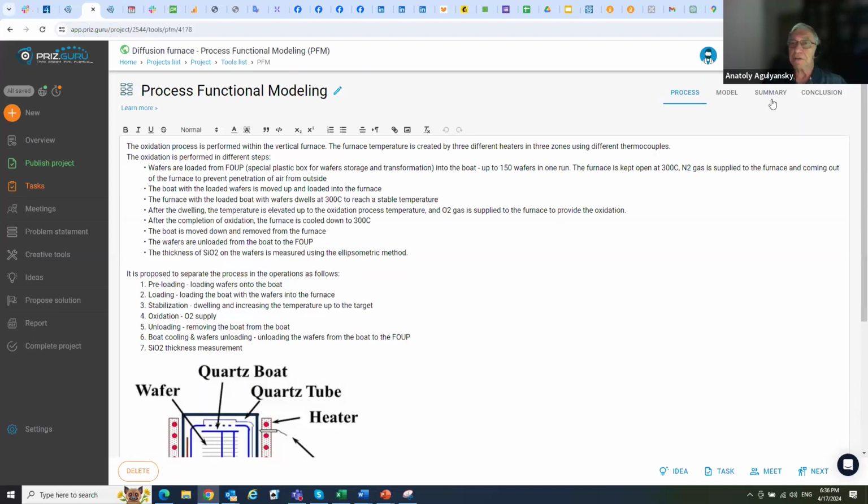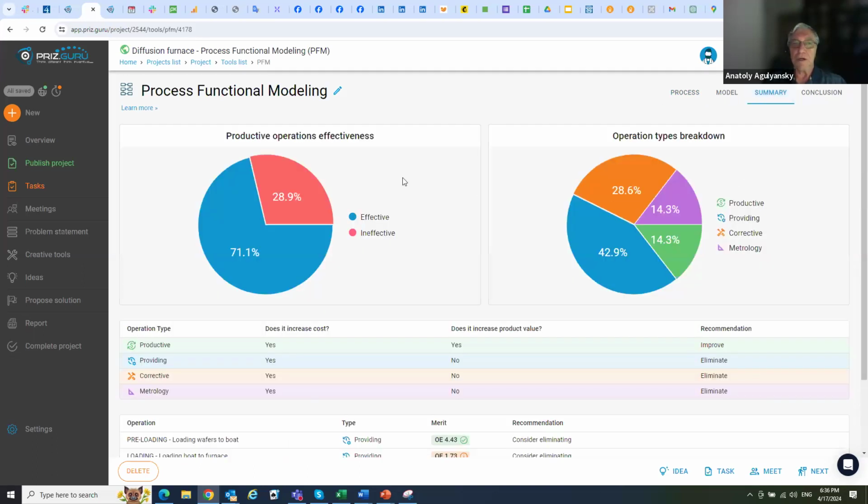What else can we find from functional modeling? Here is productive operation effectiveness. Again, this is a ratio of how harmful and how functional our flow is. This is a breakdown of different types of operations. By the way, what I found is that typically in microelectronics, productive operations never exceed 20%, typically lower than 20%.